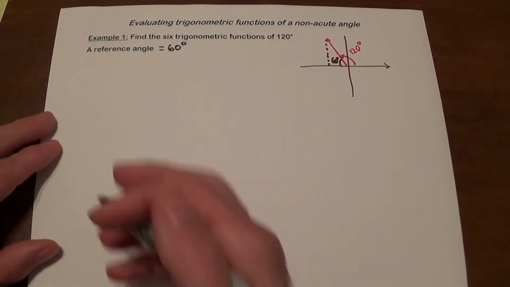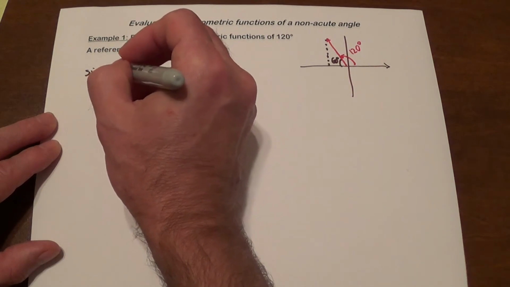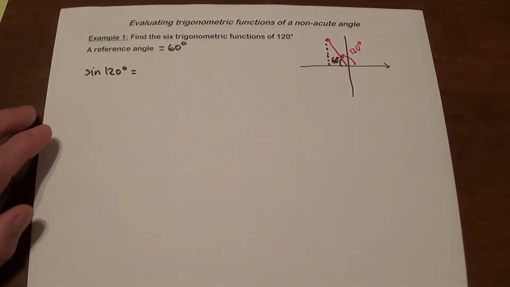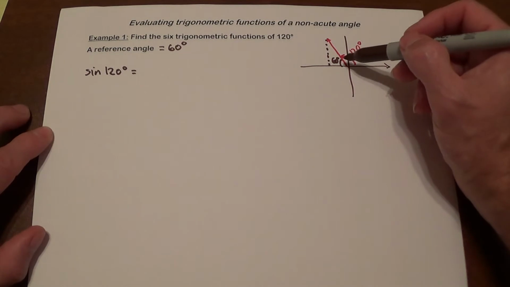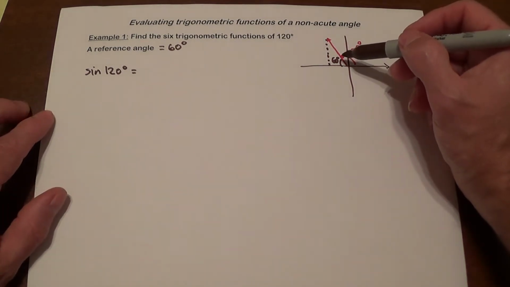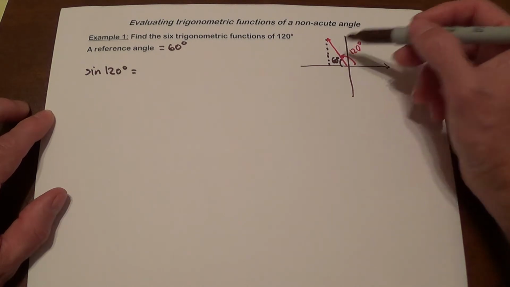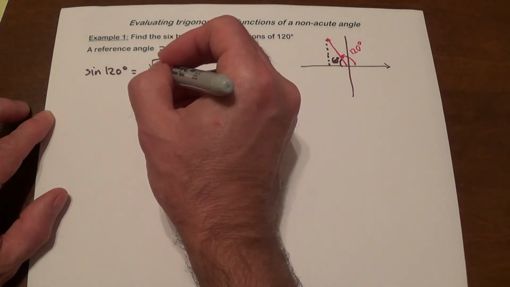So let's go ahead and start with doing sine. So it's sine of 120 degrees. We're going to relate that to sine of 60 degrees, and sine 60 degrees is square root of 3 over 2. So let's see, where are we? We are in quadrant 2. The value of sine in quadrant 2 is a positive number. So we know it's going to be positive square root of 3 over 2.